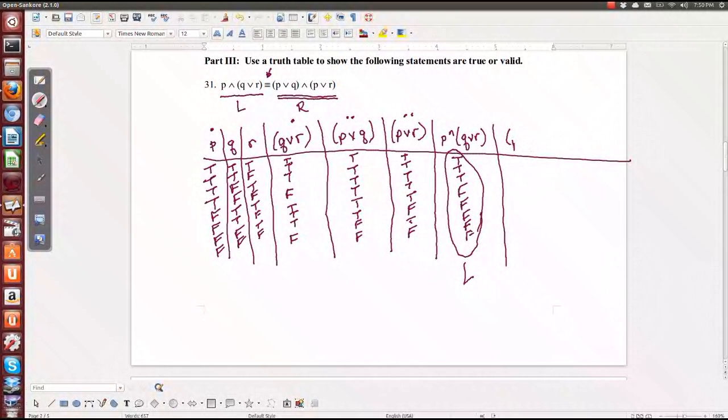So if I do P disjunction Q with P disjunction R, I actually end up with 5 trues and 3 falses for the right side. And these are not identical truth outcomes, so they're not logically equivalent.